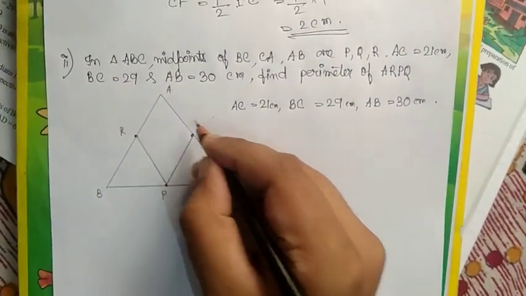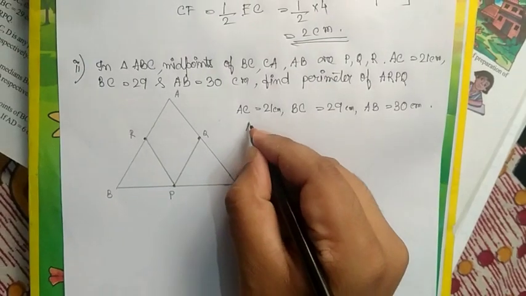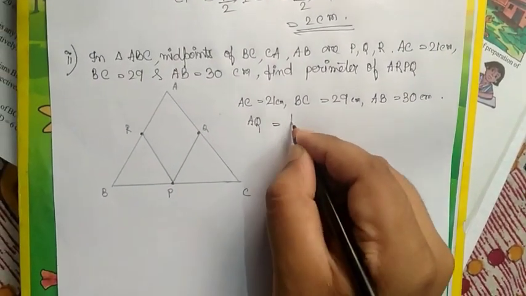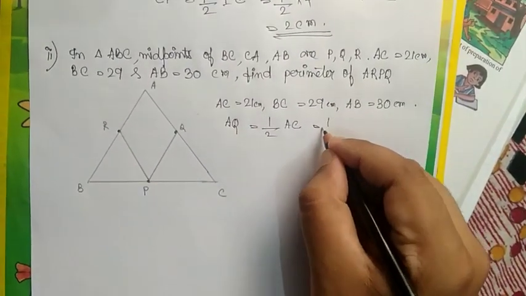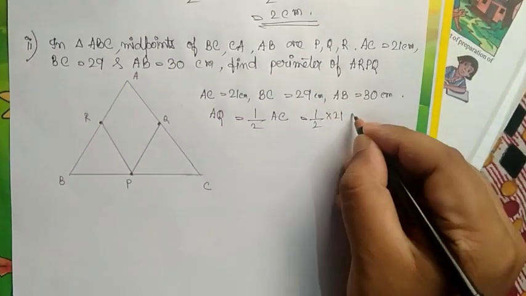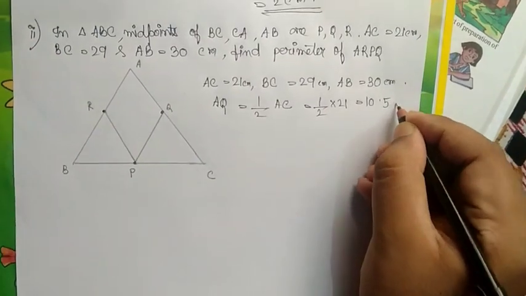So now if AC is 21 centimeter and Q is the midpoint of AC, therefore AQ equal to half of AC equal to half of 21 centimeter equal to 10.5 centimeter.